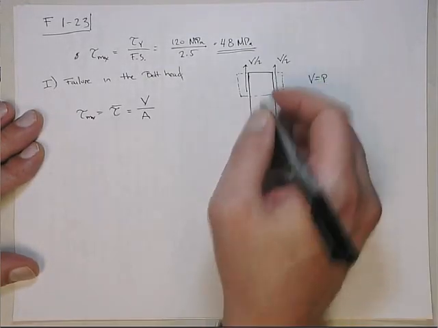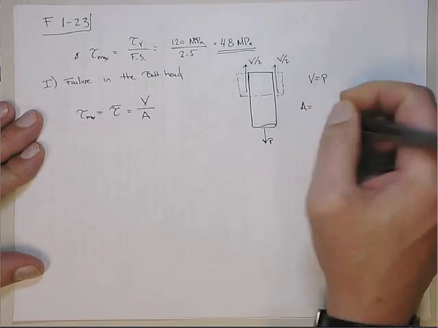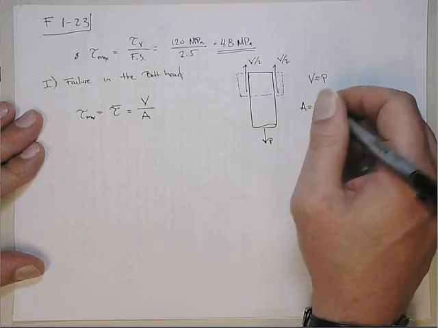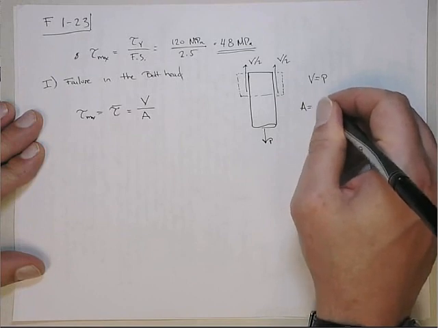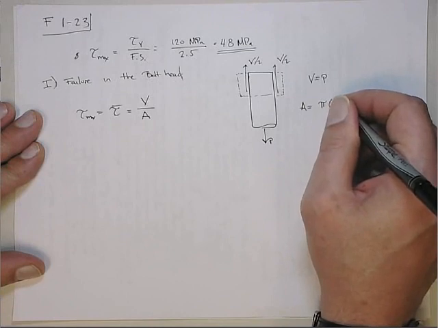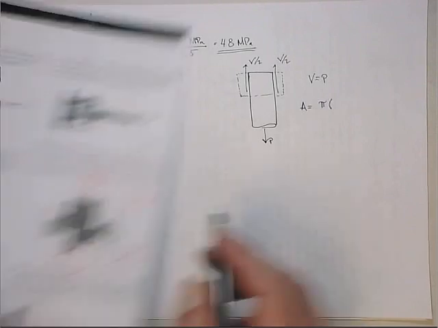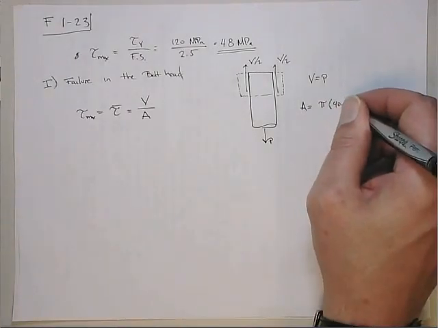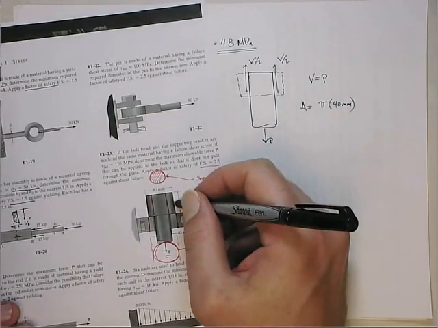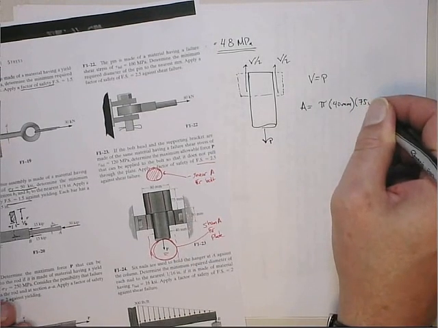Now the area is going to be the cylinder. So this is the circumference, which is pi d. In this case, d is this diameter, not the 80 millimeter diameter. That's actually the 40 millimeter diameter. It's 40 millimeters times the height of the cylinder, which is this, 75 millimeters.